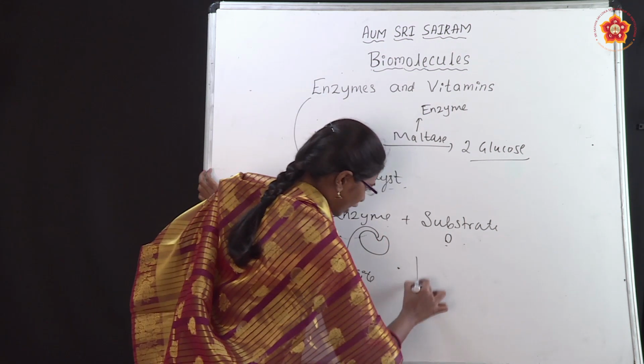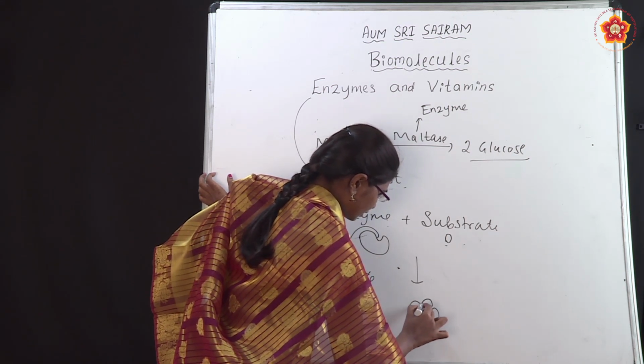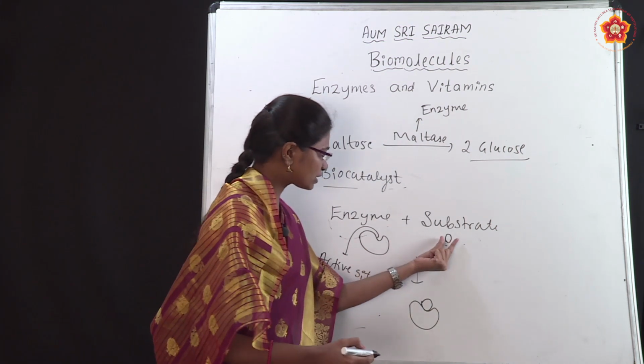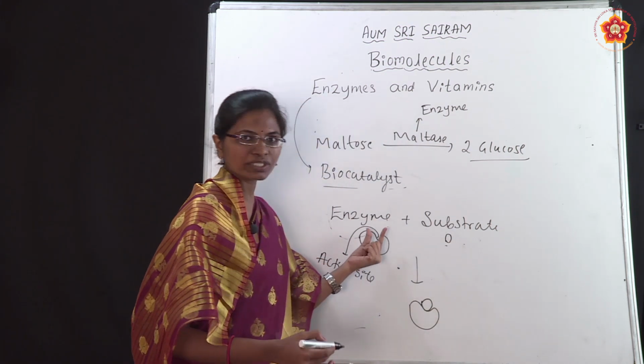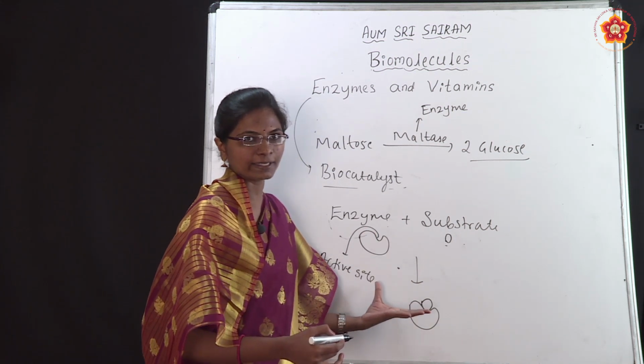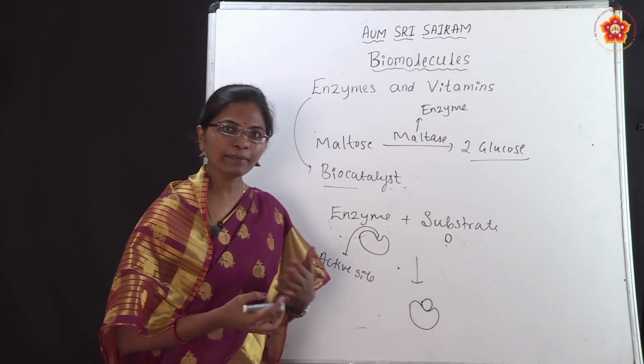Okay. So, now here this is the substrate. Exactly the substrate will come and sit at the active site of the enzyme, then the biological reaction takes place there. Okay. This is how the reaction will take place in the body.